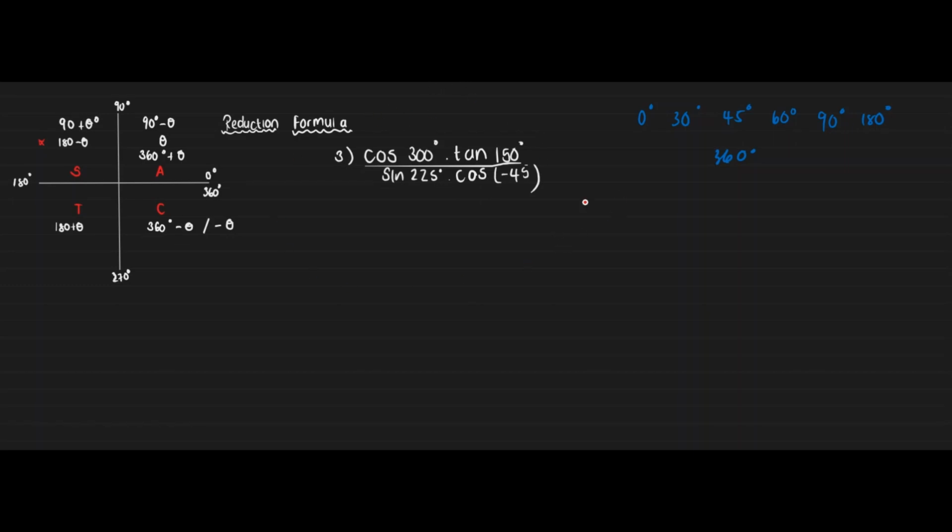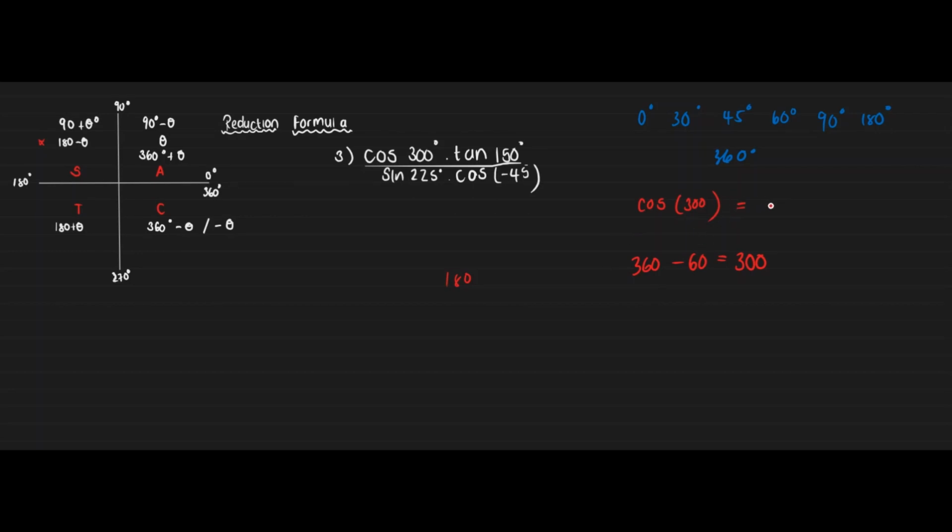So the first one is cos 300. To change the 300, we need to change it into 180 plus or 180 minus, or 360 plus or 360 minus, or 90 plus or 90 minus. So this one is closer to 360. If you say 360 minus 60, what do we get? We get 300. So this 300 can be replaced by this.